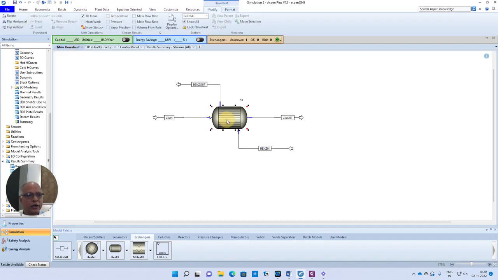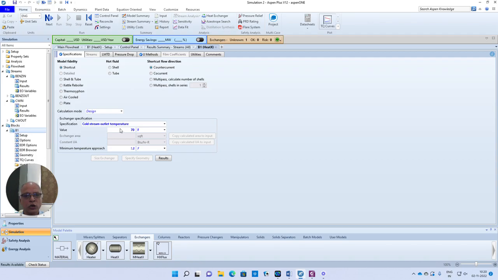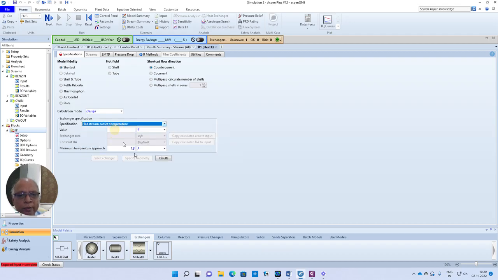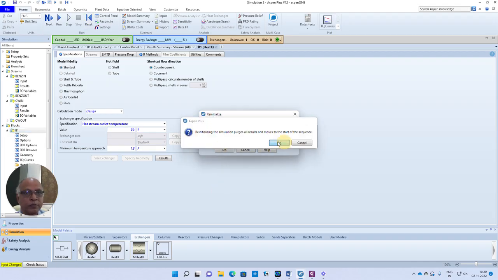So for benzene in, this specification should be, no, this is the hot stream outlet temperature we want. Hot stream being benzene, it is at 100, but the hot stream outlet temperature is to be 70. So let me reset and run the problem.